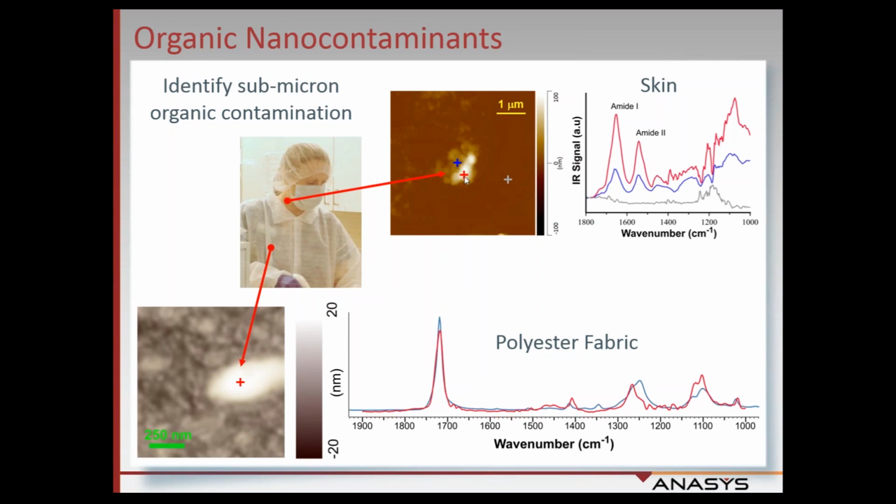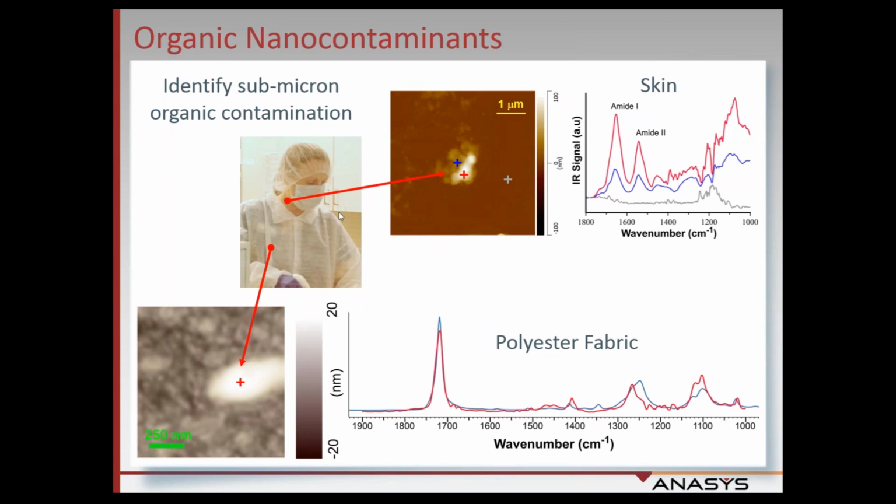This is an example where you can see what looks like maybe just one defect, but when we look at the two different regions of it, we can see that one of them has amide bands, so that we know it's of a biological origin, and in this case skin. And then from the spectrum of the blob down below, when we compare that to a reference spectrum, we can identify that that's polyester, for example, from a polyester fabric.